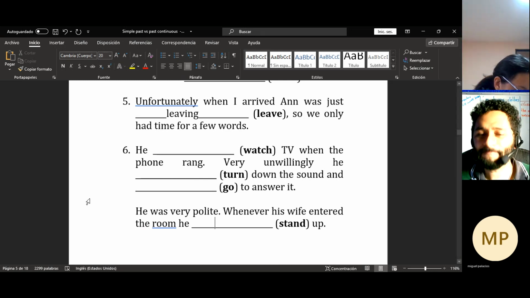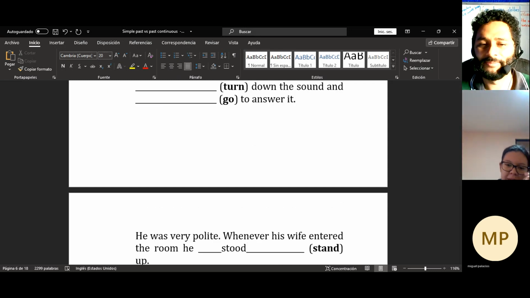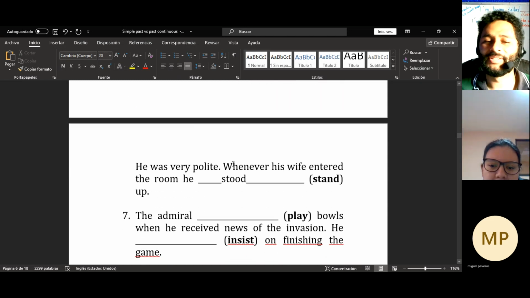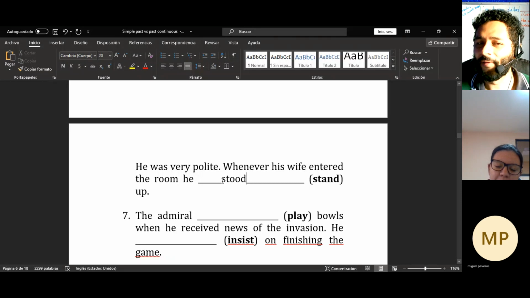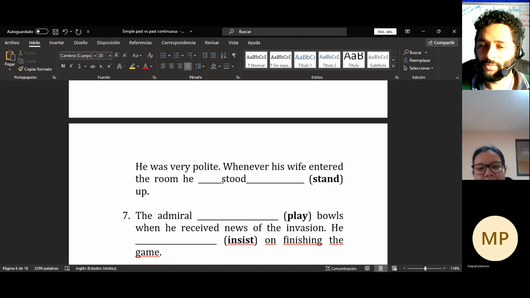Stood. Exactly. So, what did you say in Spanish? Que él era muy educado. ¿Sí es polite? No, polite es como educado. Educado o amable también. Amable.